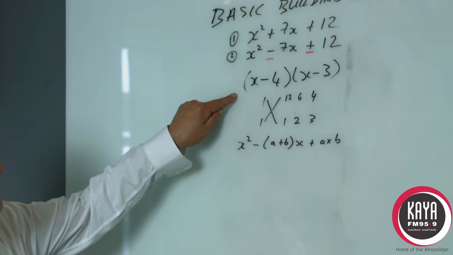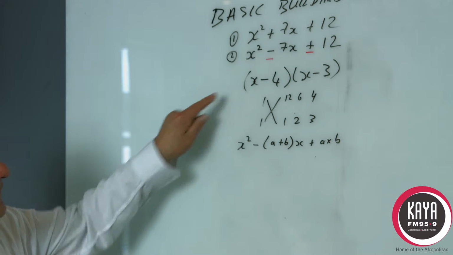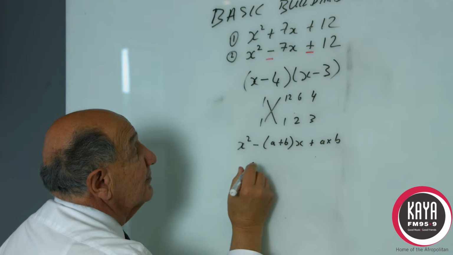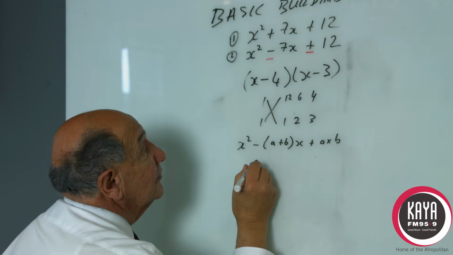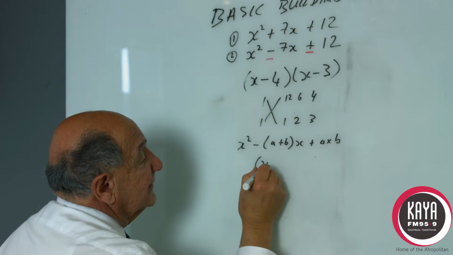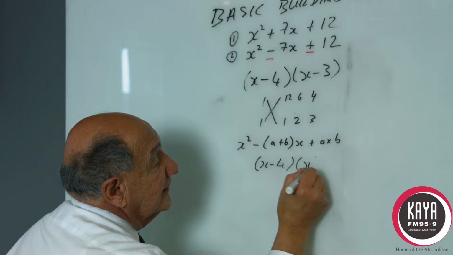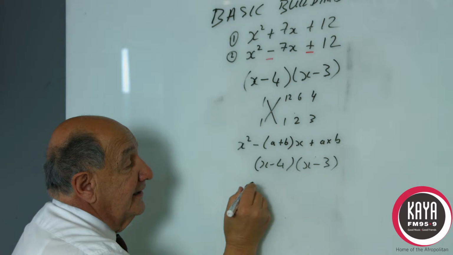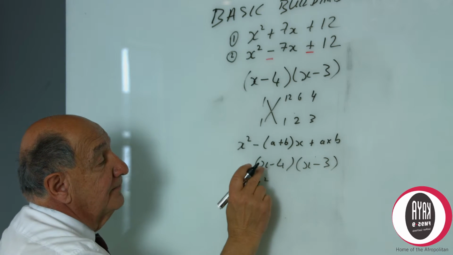If we look at these two factors in the binomials and multiply them out, we're going to have (x minus 4) times (x minus 3). X times x is x squared.